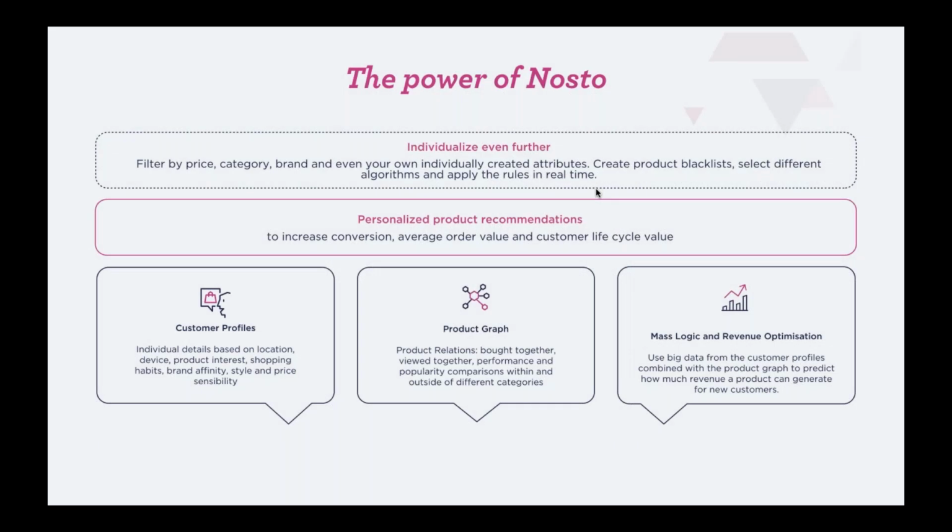So Nosto is an AI-powered personalization platform, and it's designed for ease of use. We empower retailers to build, launch, and optimize one-to-one omni-channel marketing campaigns and digital experiences without the need of having a dedicated IT resource in the company.